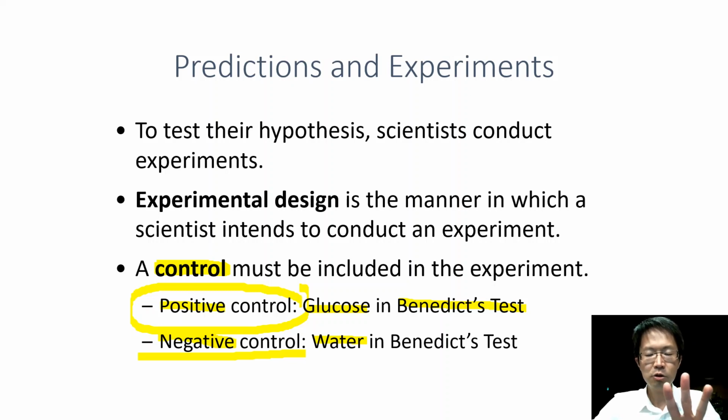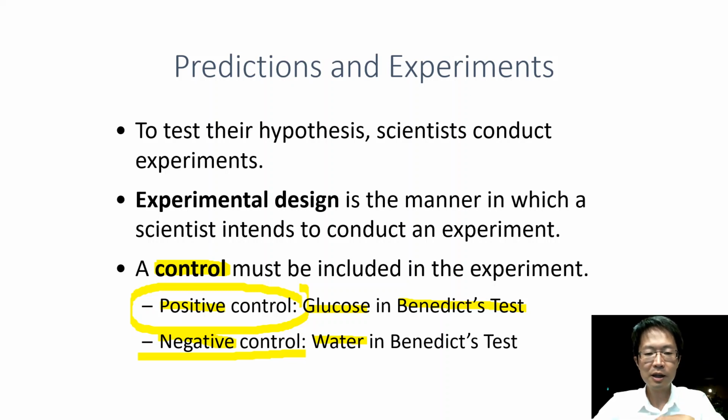We don't know if the onion mash solution contains sugar or not, so it will be our experimental group. The glucose solution will be the positive control, and the water will be the negative control.